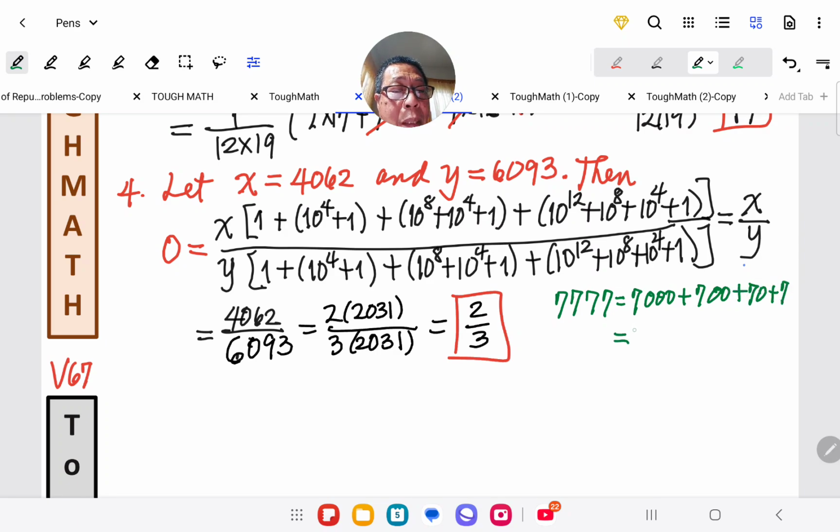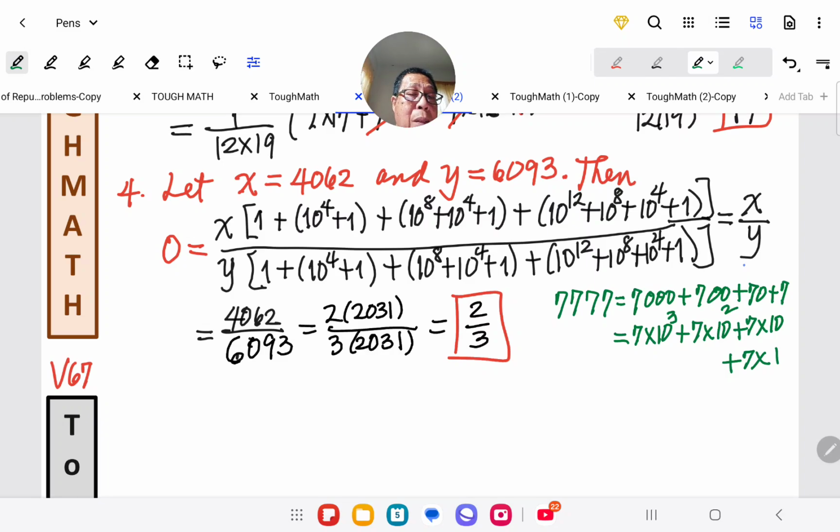And 7,000 is 7 times 10 cubed, while 700 is 7 times 10 squared, and 70 is 7 times 10, while 7 is 7 times 1.